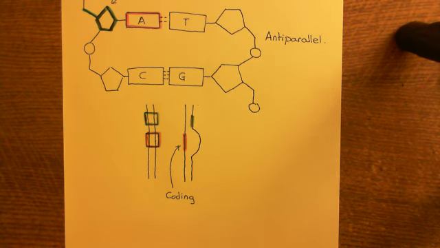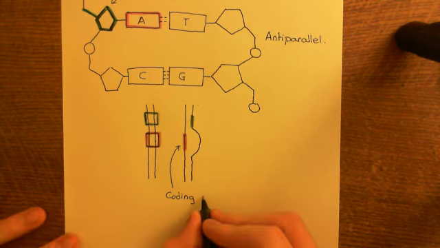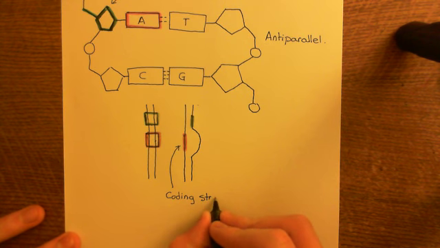So it's not like one of the strands of the chromosome is the coding strand and one is the non-coding strand. It doesn't work like that. It's different genes along the chromosome will use differing strands, will alternate in the strand they use as their coding strand, okay? So we'll say that this is the coding strand for our red gene, okay?